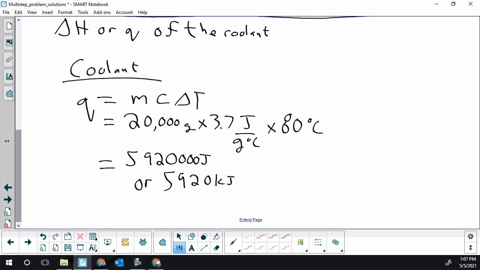So we now know how much energy went into the coolant. We know how much energy per mole the chemical we burnt can produce. So now we have all the pieces we need to solve for how many moles of fuel are needed.